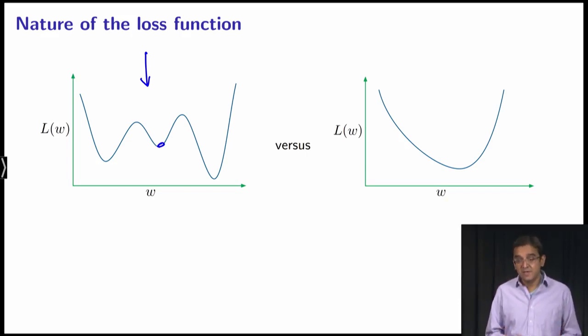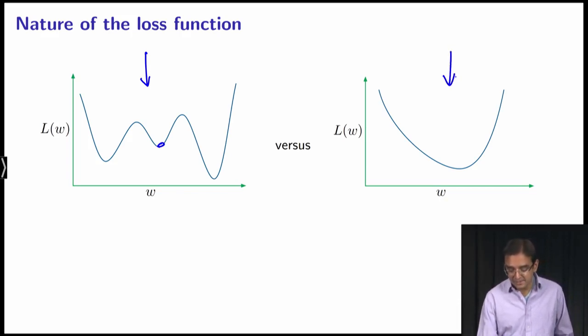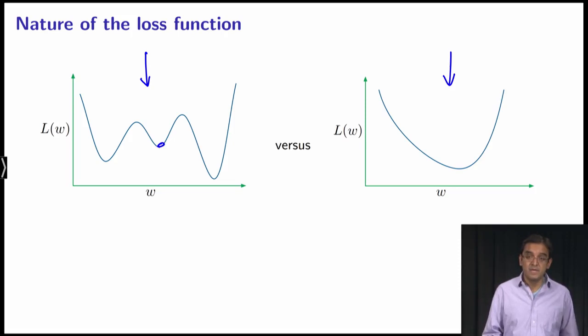The kind of loss functions we like are the ones that look like this on the right, a convex loss function. And in fact, almost every problem we've studied in the course so far has had a convex loss function. Least squares, lasso, support vector machines, and so on.